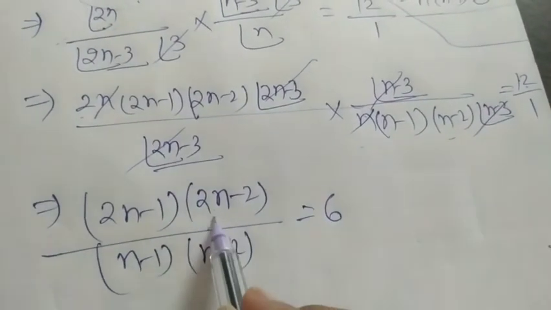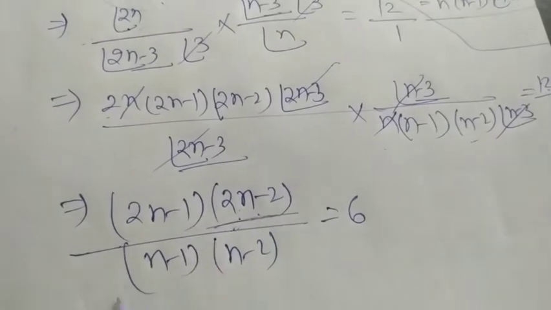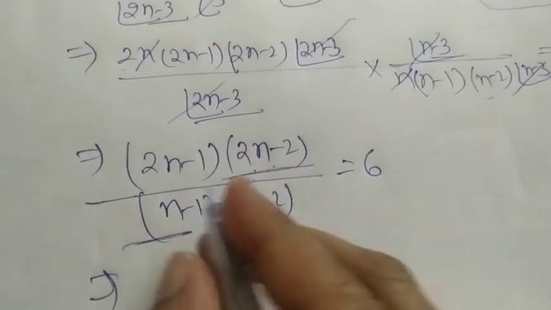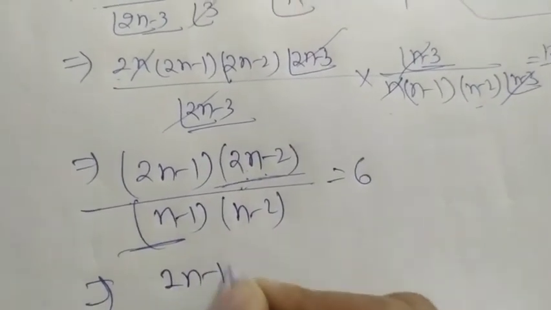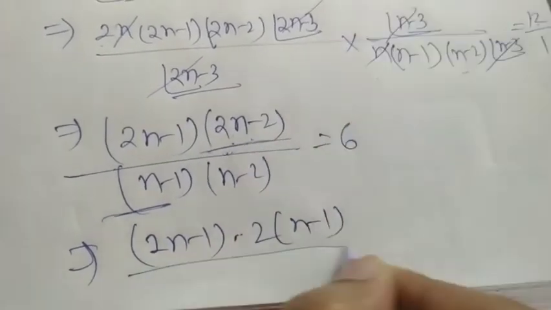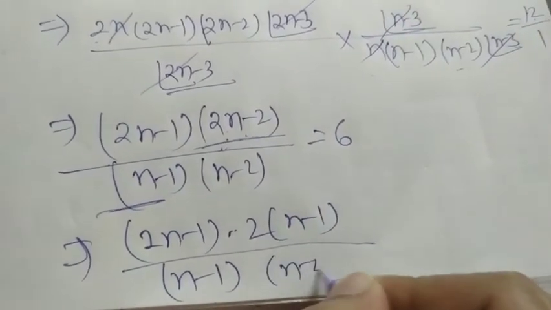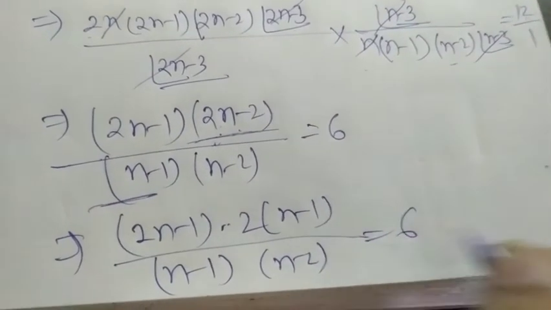Again look here, I can take 2 common. After taking 2 common, this term and this term will be cancelled out. So 2n minus 1 upon n minus 1, n minus 2 will be equal to 6.